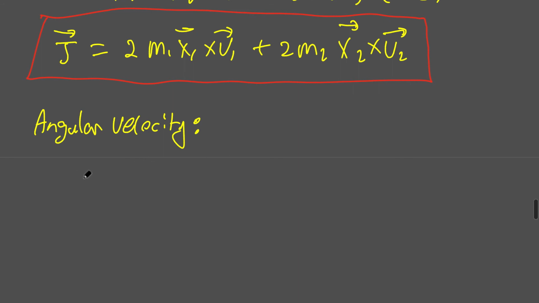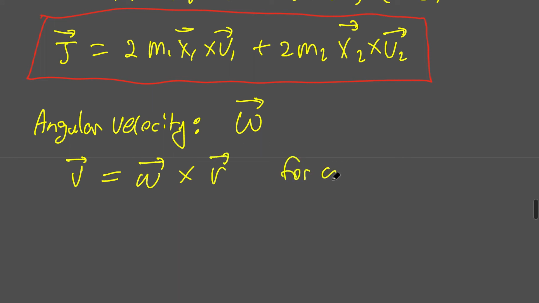Well, recall that the angular velocity is a vector omega, such that for any point in the body, the velocity of that point, just call it v, is equal to omega cross r.